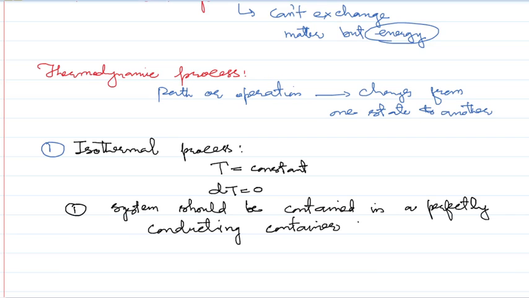The second point regarding this is that a perfect isothermal change is impossible to achieve.